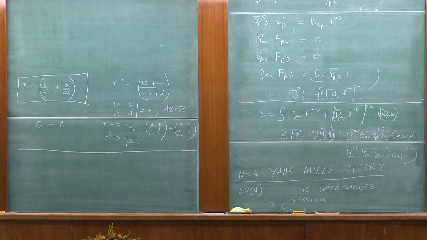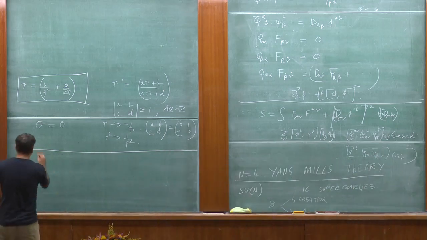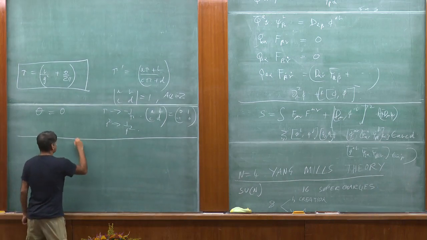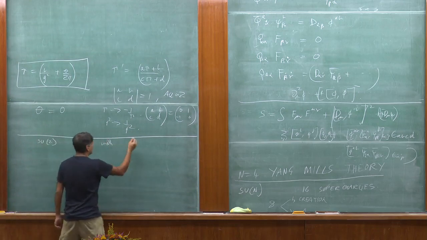What Olive, Montonen and friends were doing was to study the SU(2) theory. They weren't interested, or maybe didn't know much about supersymmetry. They looked at the SU(2) theory of Yang-Mills with an adjoint scalar field.